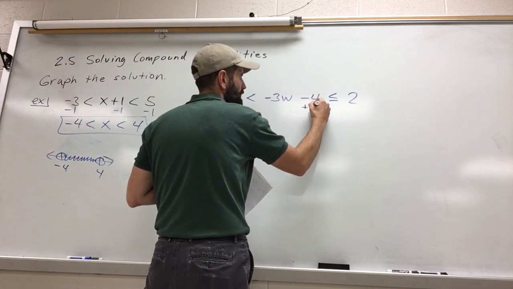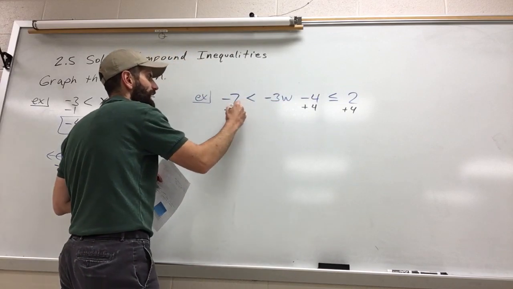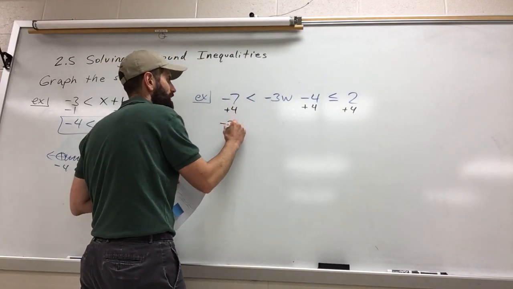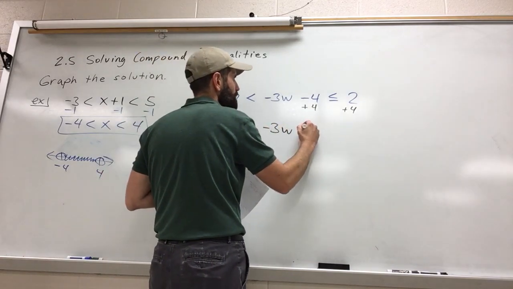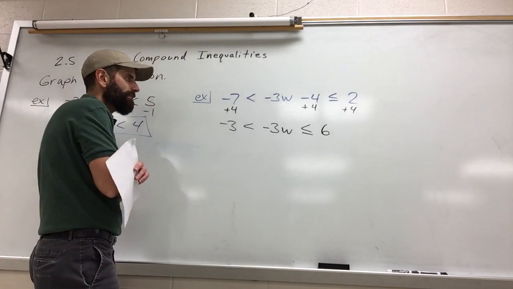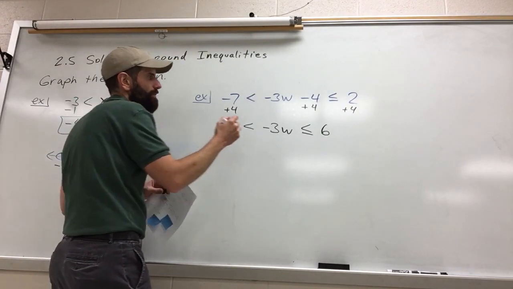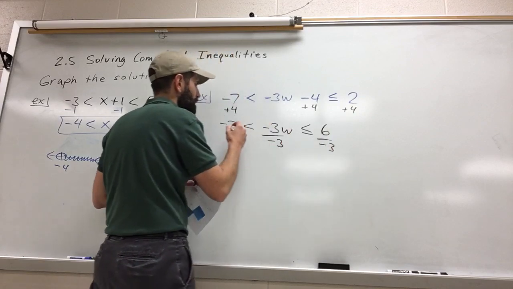Let's go ahead and add the 4 once on each side, and we get -3 < -3w ≤ 6. Now I'm going to divide by -3 everywhere.